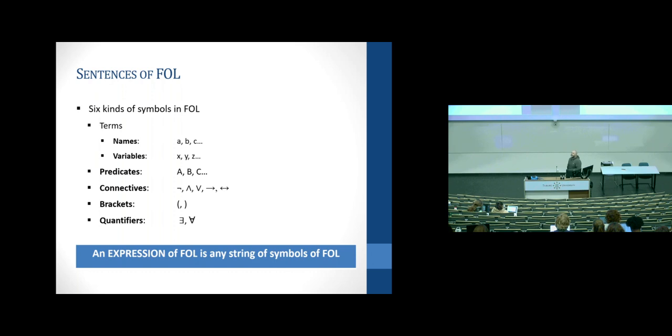Now, the problem with FOL is that it's not as simple as TFL. So remember last time, we basically went straight from expressions to defining a sentence. We're going to have a middleman here. We're going to define the notion of a well-formed formula, or WFF.